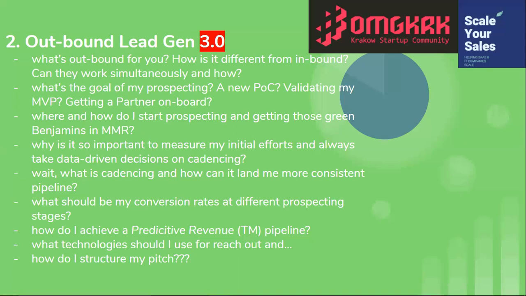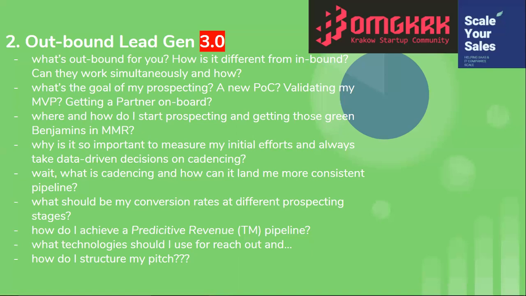Now, for inbound, it's a long journey. It's a lot of content, a lot of landing pages, a lot of marketing, and money put into online marketing. And it takes time. It takes maybe 2, 3 years to build it right. Whereas outbound, you can ramp up as quickly as 60 to 90 days to have already an initial pipeline, and in 6 months to have a robust pipeline of opportunities.